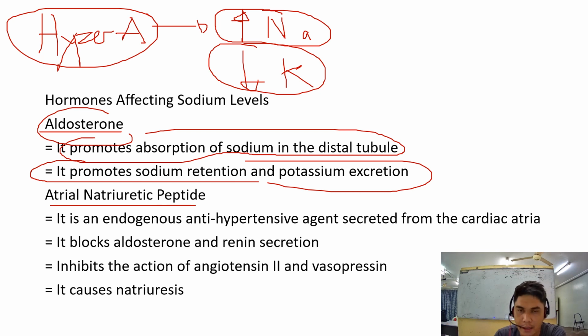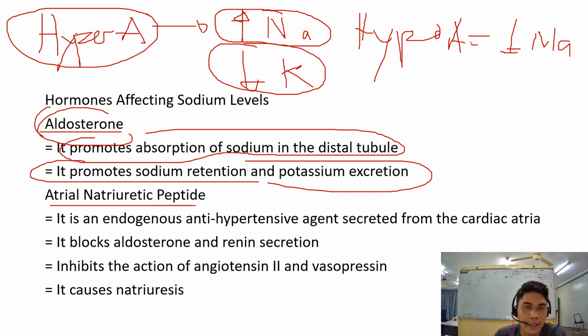Now, if the patient has hypoaldosteronism, meaning there is decreased production of aldosterone, there is decreased reabsorption of sodium, meaning increased excretion of sodium and no retention of sodium. So the effect is decreased sodium.